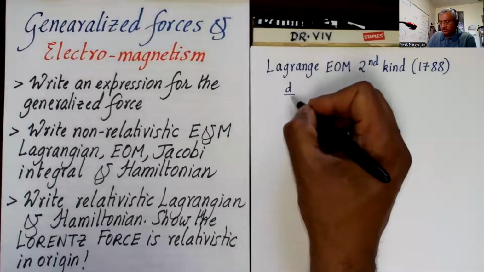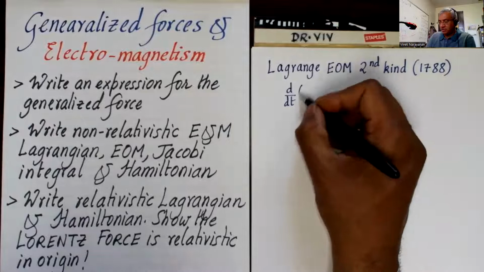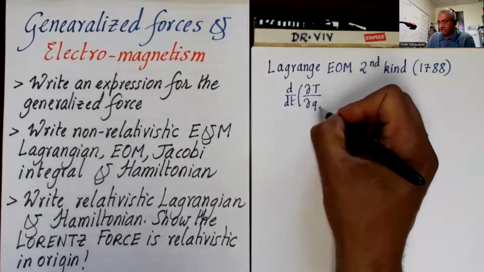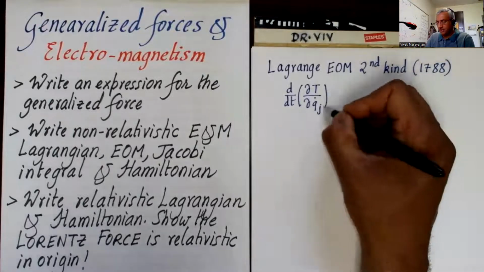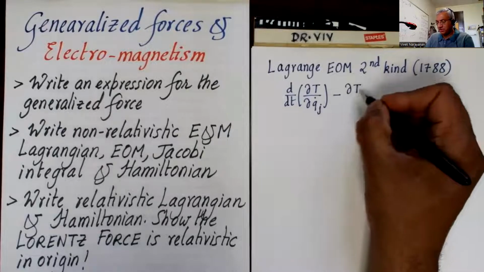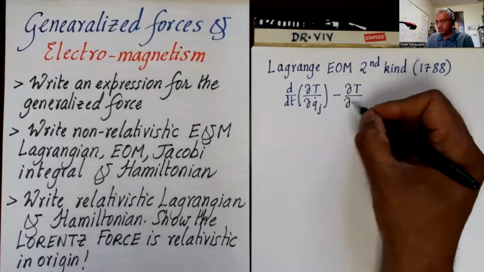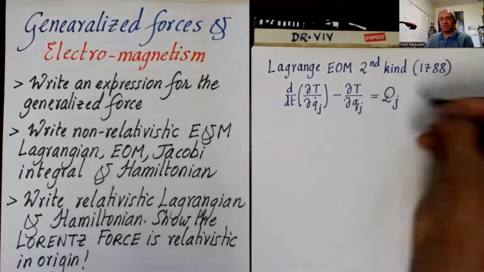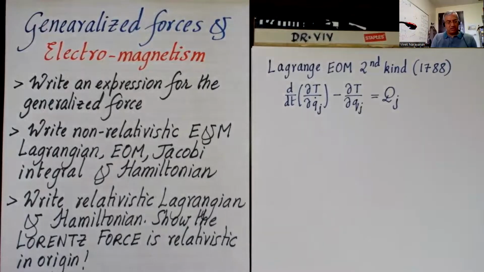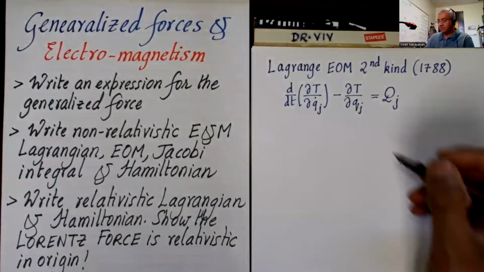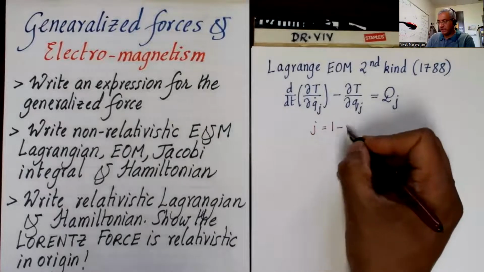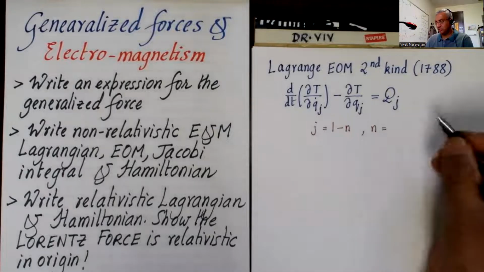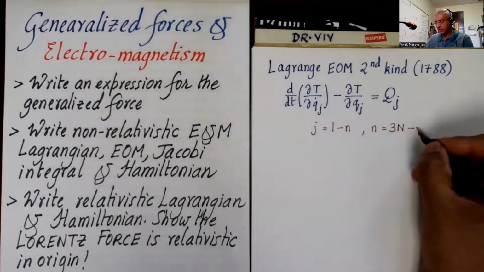And it's as follows: d by dt of del T over del qj dot minus del T over del qj equals capital Qj. j here runs from 1 through n, and the integer n is 3N minus k.